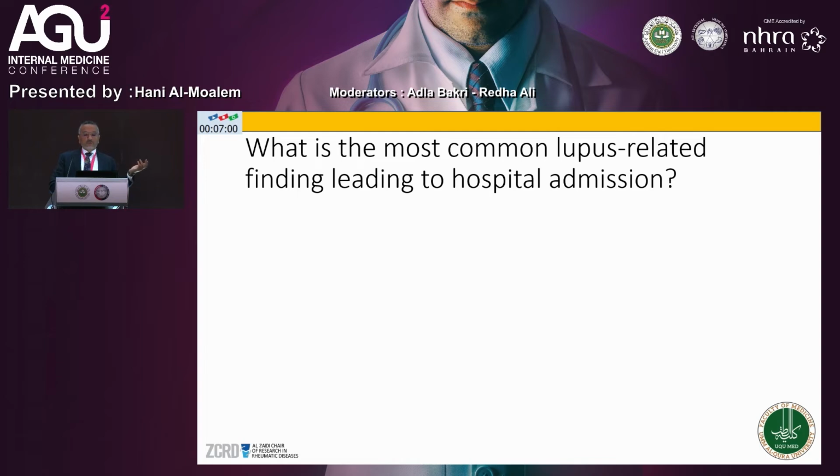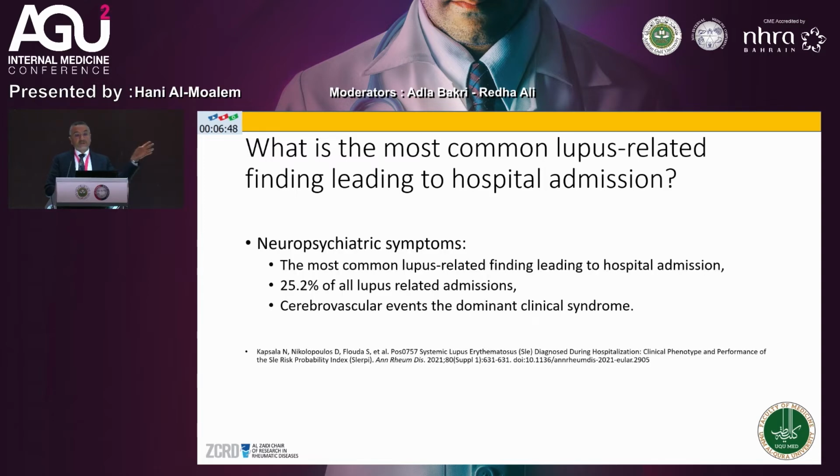So what is the most common lupus-related finding leading to hospital admission? Why do patients with lupus get admitted if it is lupus-related? Neurological, in one study. So neurological findings are not common. They are rare, but up to 25% of the time, it is the commonest cause of lupus-related admission to the hospital, and more common than arthritis or ITP or mucocutaneous findings.